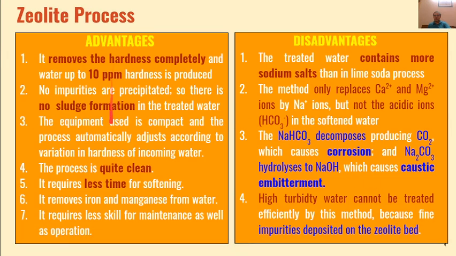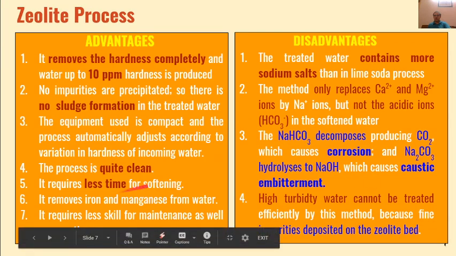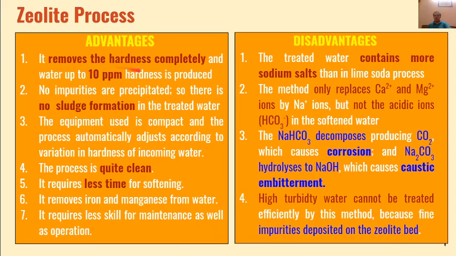Then there are some advantages also, and the disadvantages are mainly the limitations which we have discussed. The advantage is that it removes hardness completely, and we can get water up to 10 ppm hardness. Second, as no impurities are precipitated, there is no sludge formation.